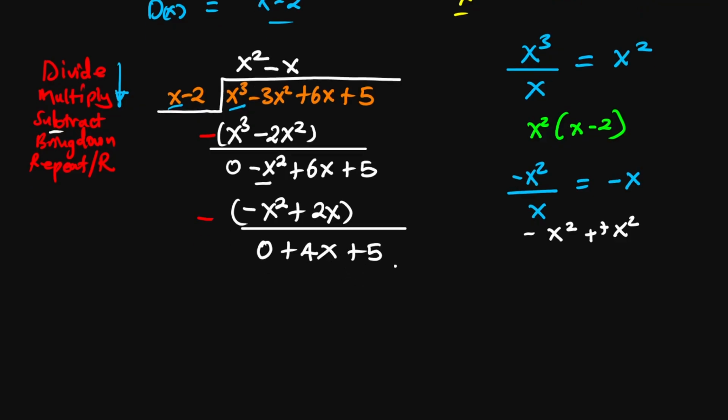So we have 4x plus 5 as our new dividend. Is the power of this variable greater or equal to that of the divisor? Yes, they are equal, so we proceed with the division.